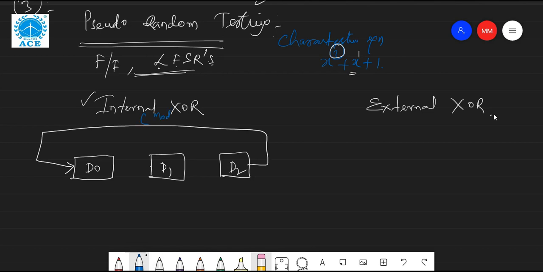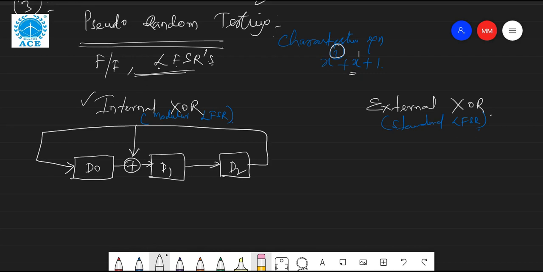This is generally called modular LFSR, linear feedback shift register. This is the standard LFSR. In this case, we need to add one XOR here, at the input level of D1.